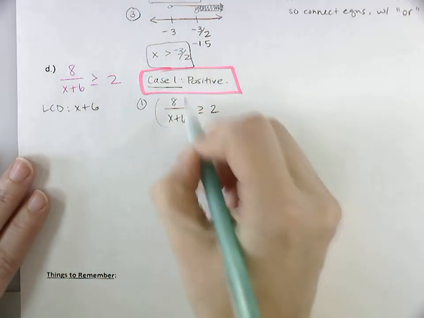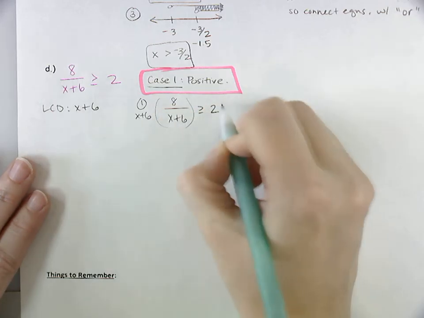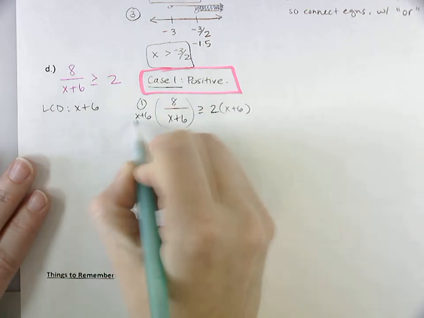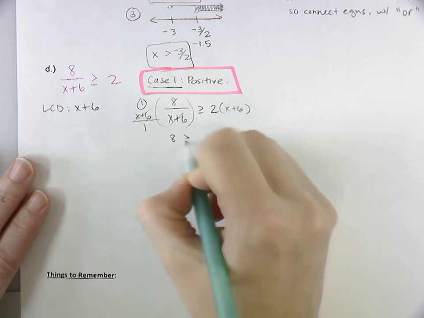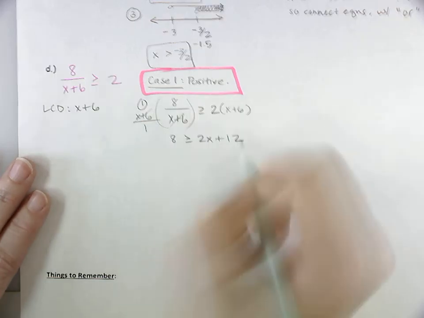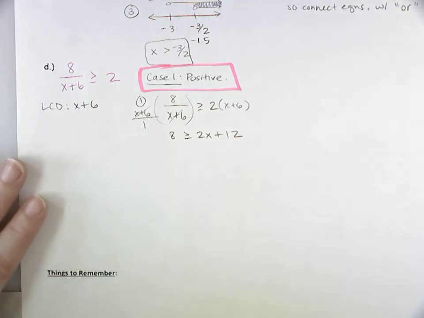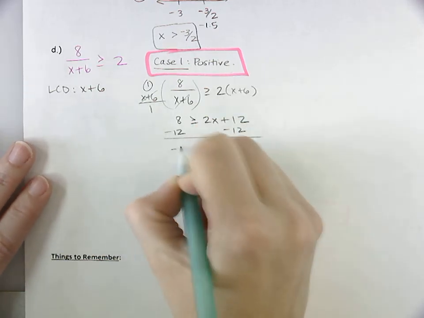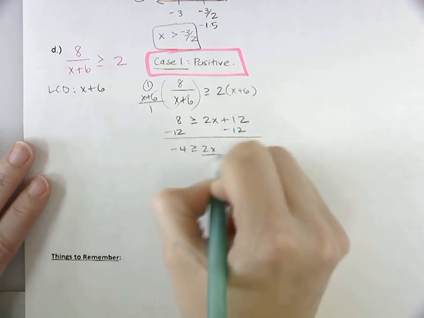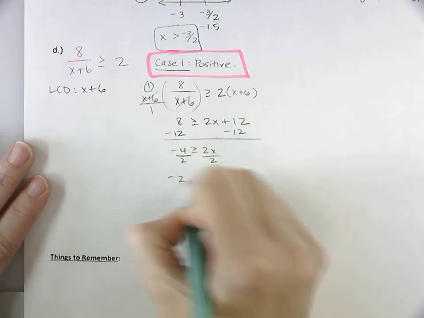Are we starting to get the hang of it now? Then you're going to cancel out. You'll get 8 greater than or equal to 2x plus 12 when you distribute. We're going to subtract 12 and divide by 2.